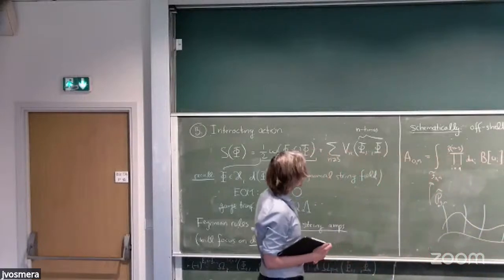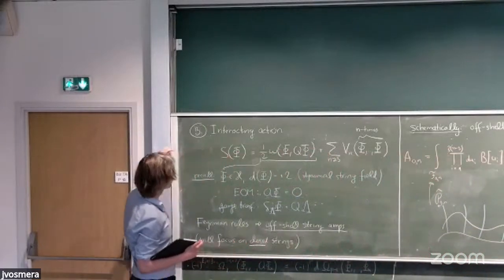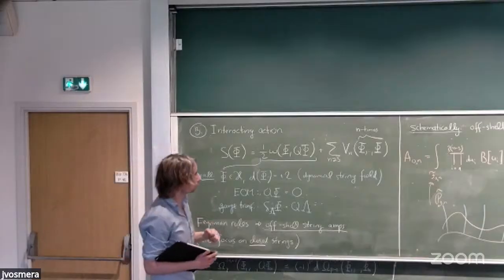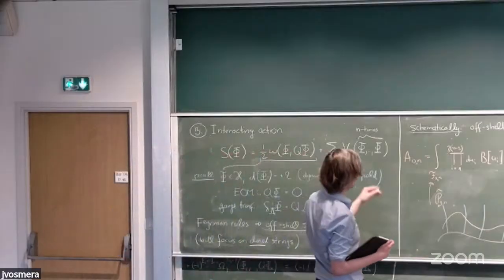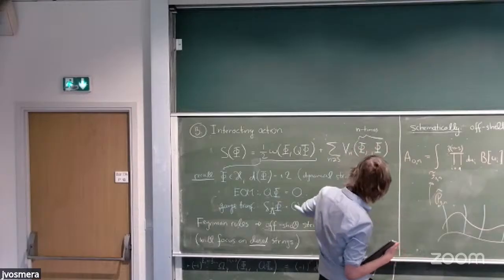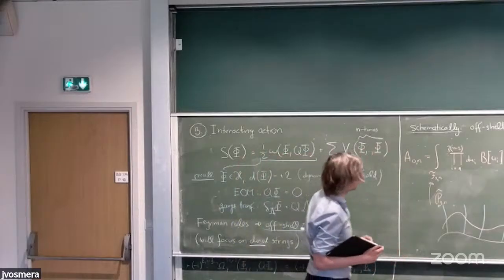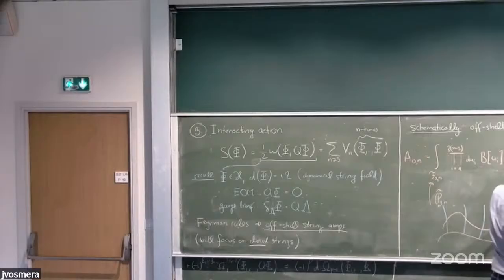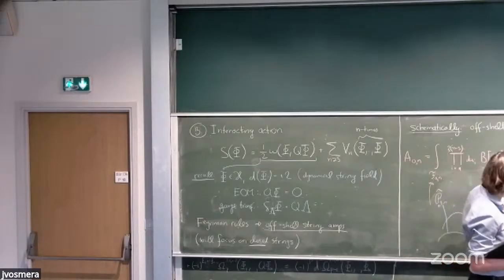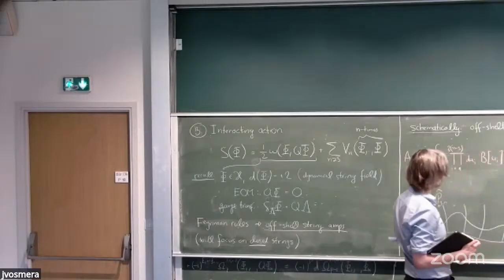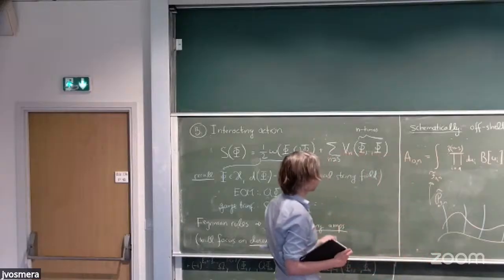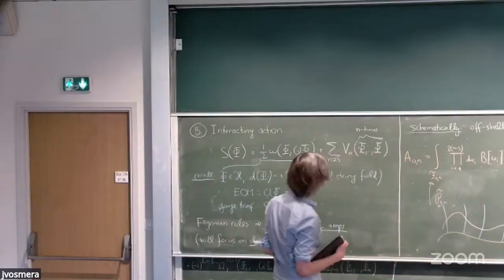In this case, since we will not want to be bothered by loop effects, at least at this first level of explanation, I will just consider Riemann surfaces of genus 0. This is why I'm putting the 0 here, and n punctures which are supposed to represent n external states.